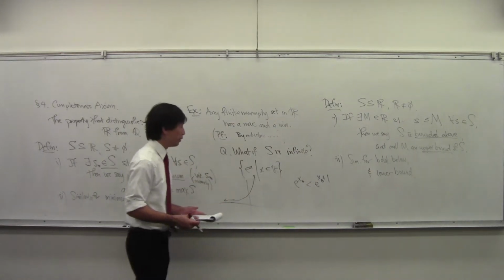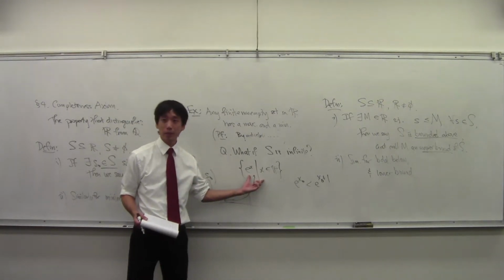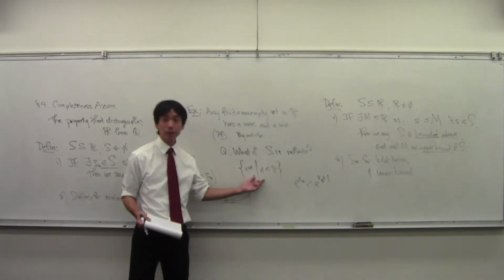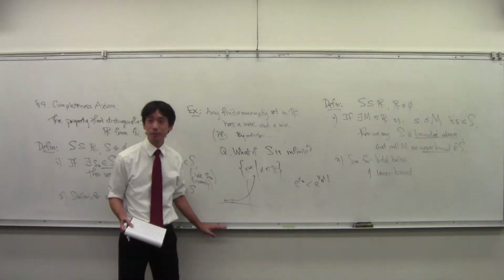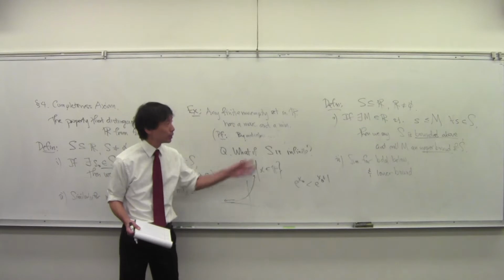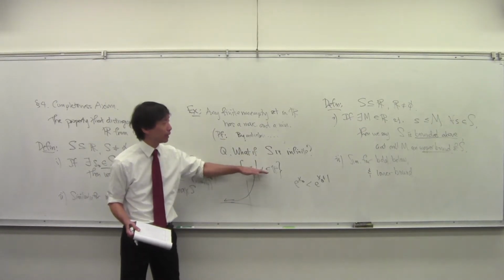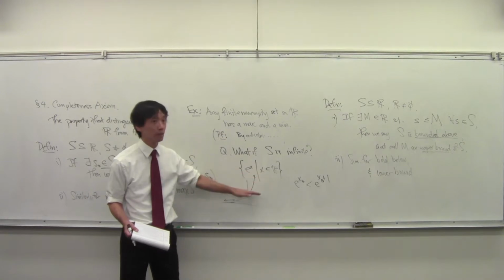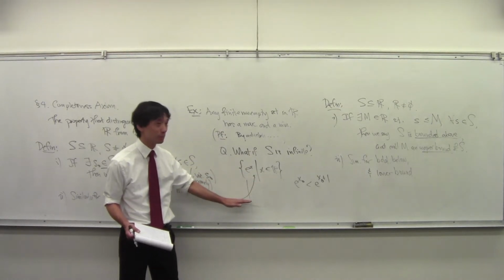So, for example, this set here that Jacqueline gave, using this language, has no upper bound. It's not bounded above, but it's bounded below, by 0.